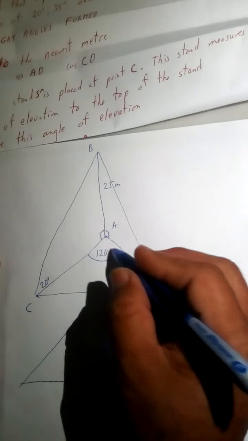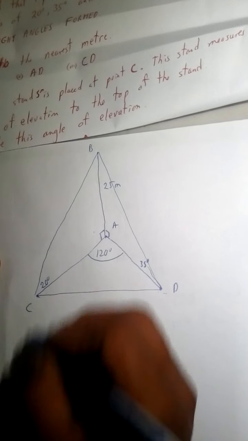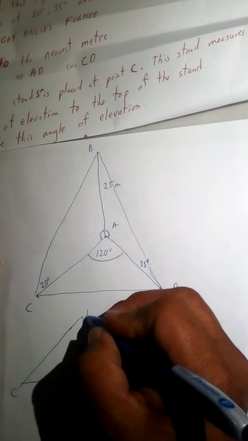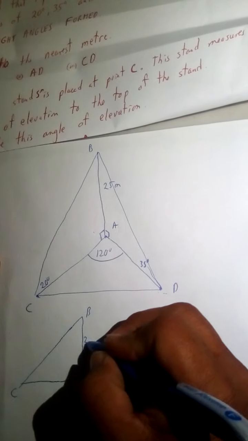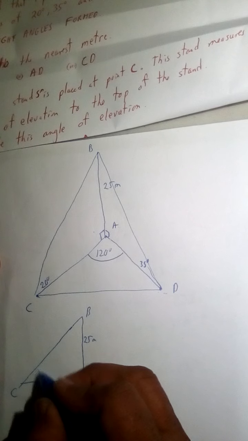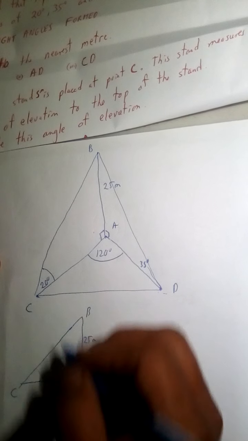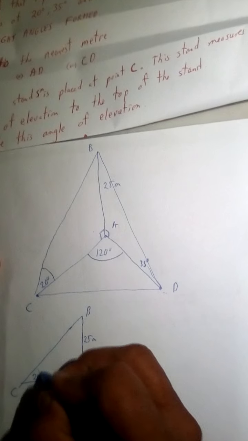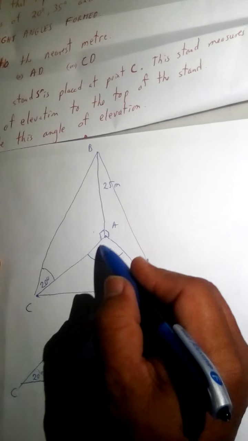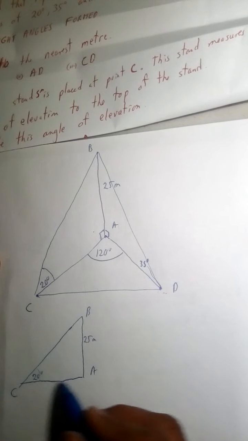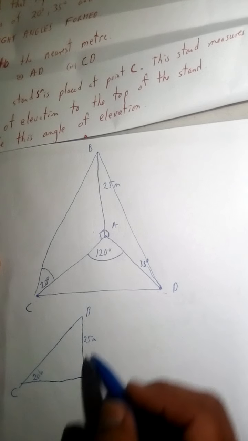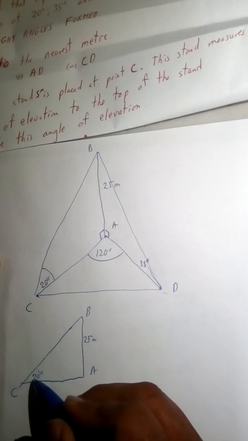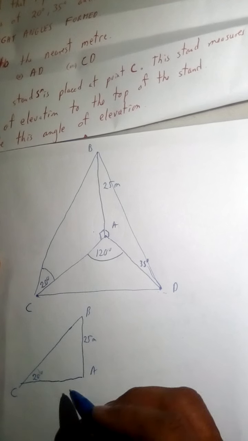You have this point A, you have C, you have B. The height is 25 meters. This angle here is 20 degrees. If I want to know this length, I would use a trig ratio that uses opposite and adjacent at the angle, which in this case would be tan.